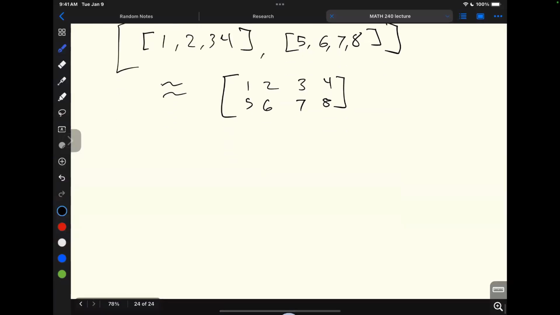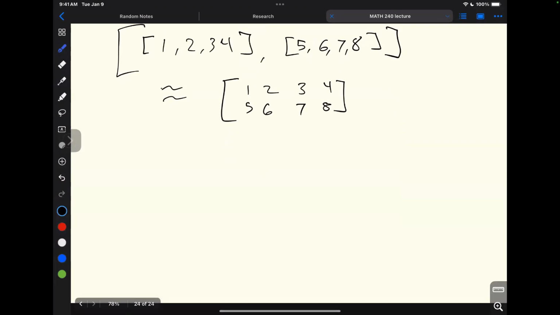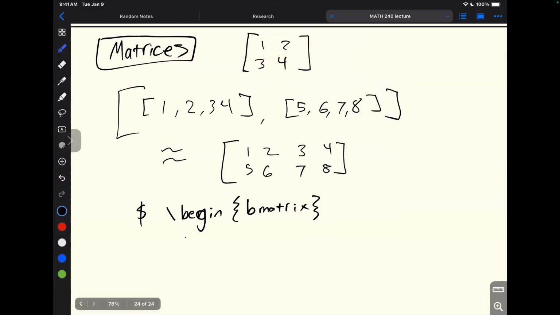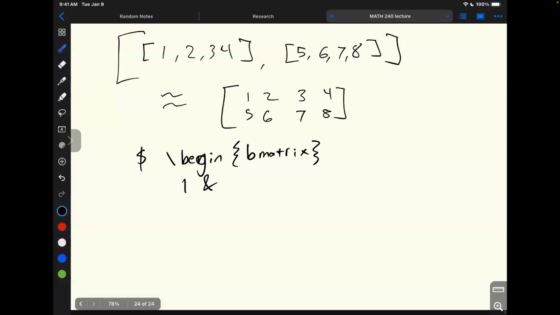Once we get into LaTeX, I'll tell you how to write a matrix. In math mode, we'll have begin, and then the curly bracket, and then bmatrix, and then let's say I have 1, 2, 3, 4.